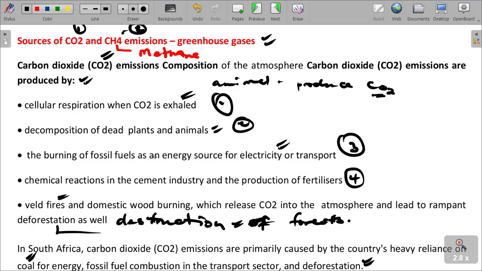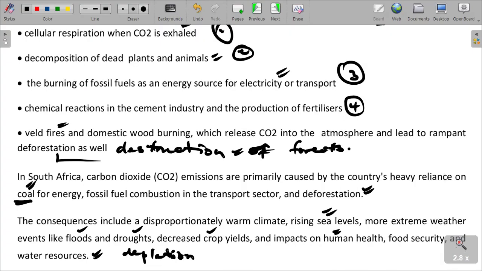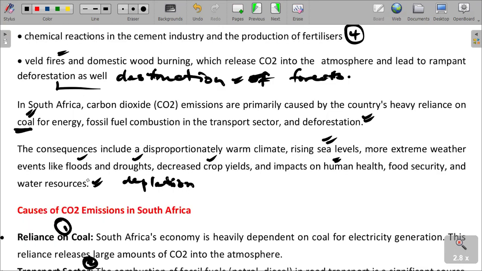When forests are destroyed, they also worsen the concentration of carbon dioxide because the carbon sink is no longer available or is reduced. Chemical reactions in industries, also in the production of fertilizers, for example, are a typical example of a source of carbon dioxide.